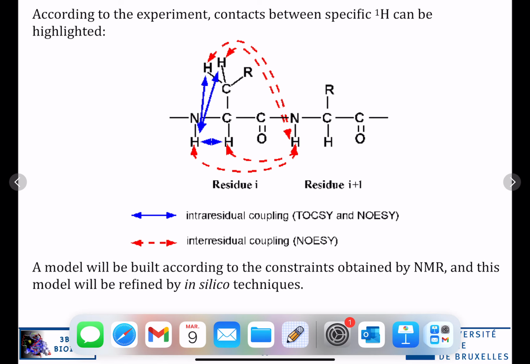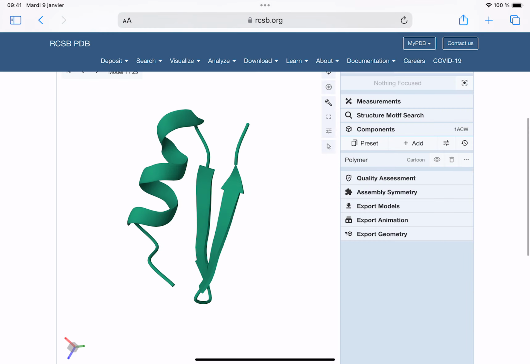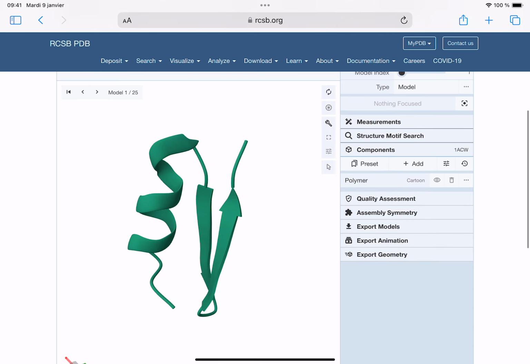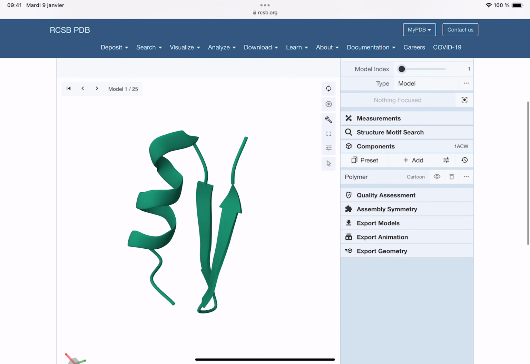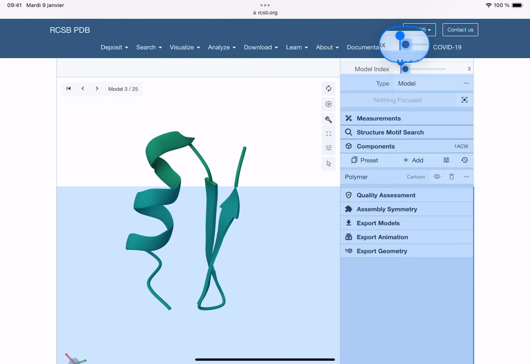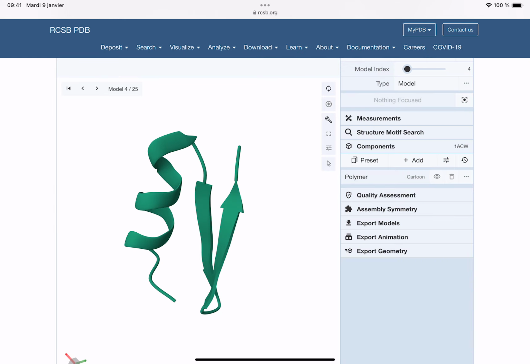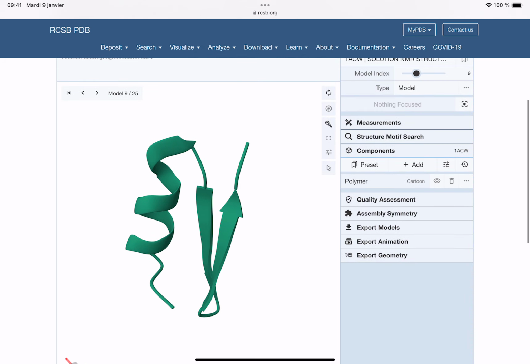So for instance, if you have a look at a 3D structure obtained by NMR, in general, what you find in the PDB file is not only one 3D model, but several models. So here in this example, you see that you have 25 different models. And if I go from one model to the other, you see that you have some differences between them.